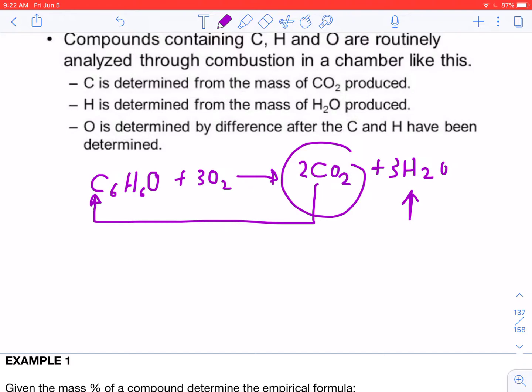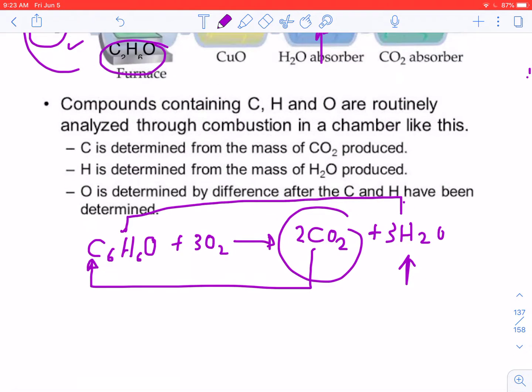The same thing happens with hydrogen. If we know the mass of water that's produced, then we can get the mass of hydrogen in this particular sample. And then we can work out how much carbon, hydrogen, and oxygen is in that particular sample, and that gives us the empirical formula.